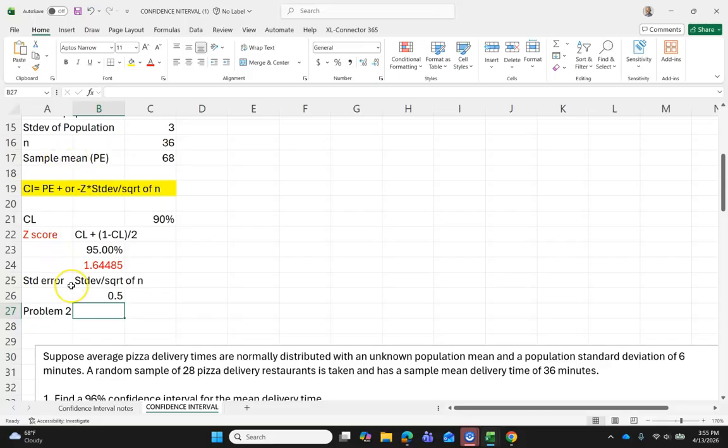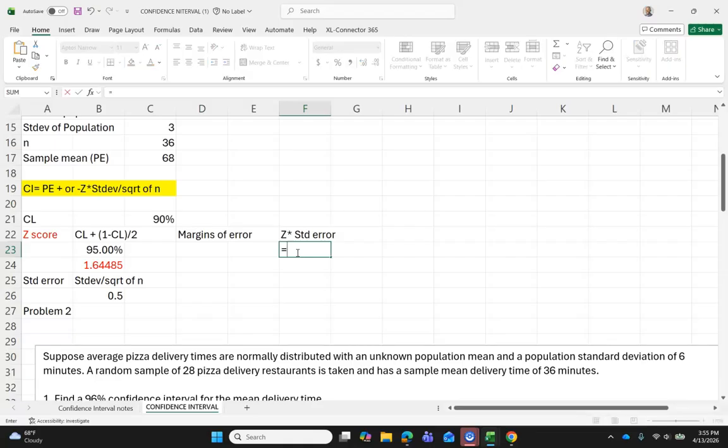So to find the margin of error, let me put it here, we're going to take the z-score times the standard error. So I'll write here z times standard error.